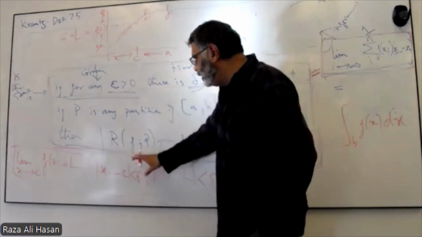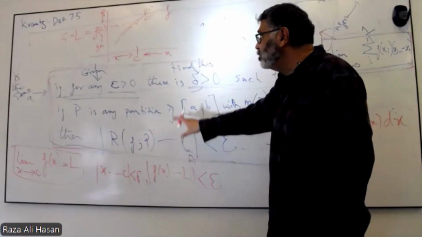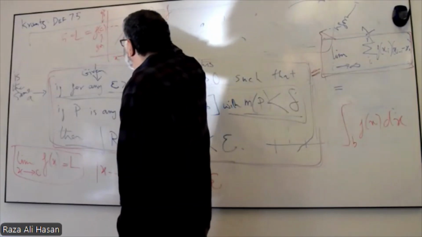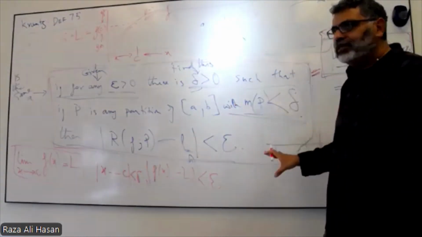What we're doing with that is similar: the approximate area versus the actual area, like the limit versus the actual function value. So it's a similar kind of situation.